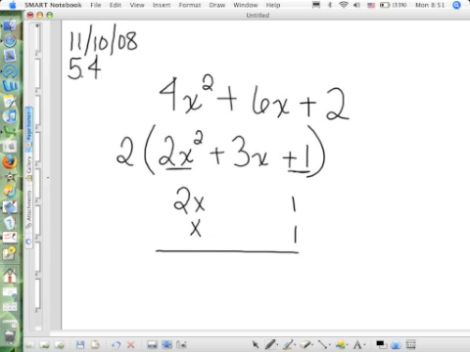Cross multiply. All right, we cross multiply here, 2x times 1. And then from here to here, 1 times x. And we ask ourselves, because remember this is our key sign, do these two terms add up to 3? Yes.